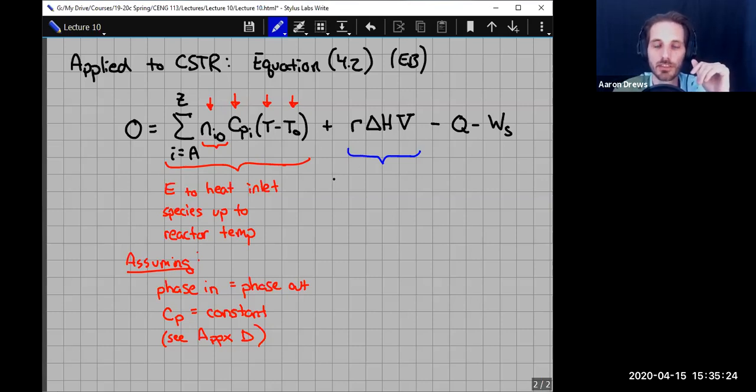This term over here, if we just look at the units on here, it can be a helpful thing to remind us what's happening. So the rate term here usually has units of moles per volume per time. The enthalpy looks like energy per mole, and the volume just looks like volume. That's not surprising.